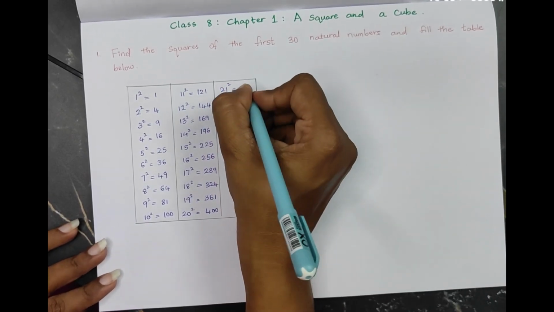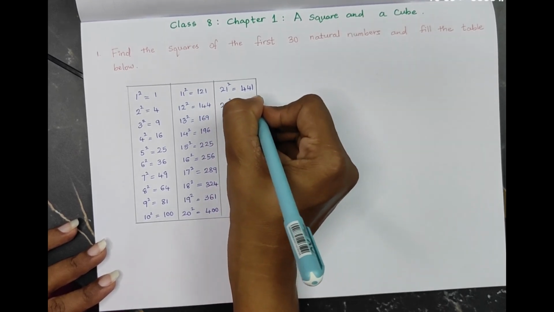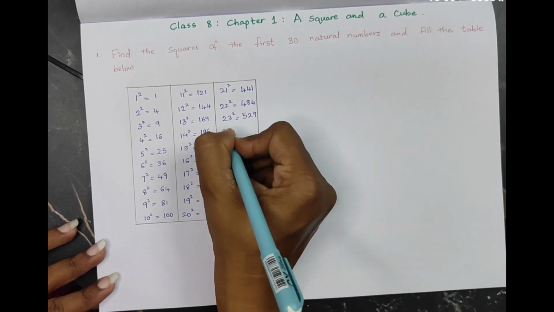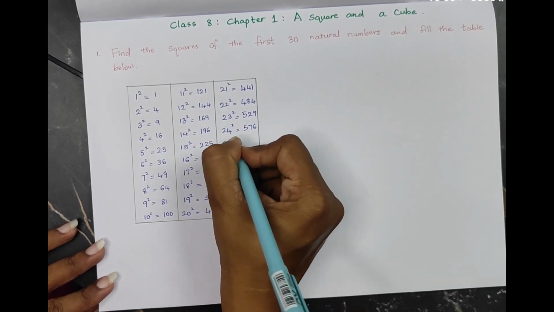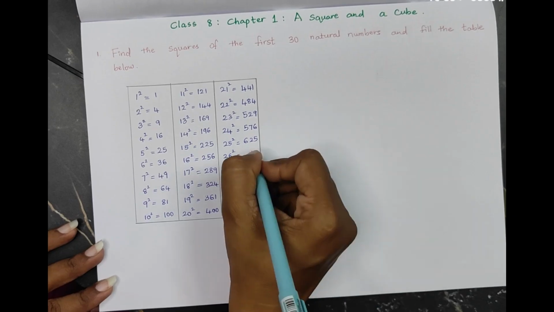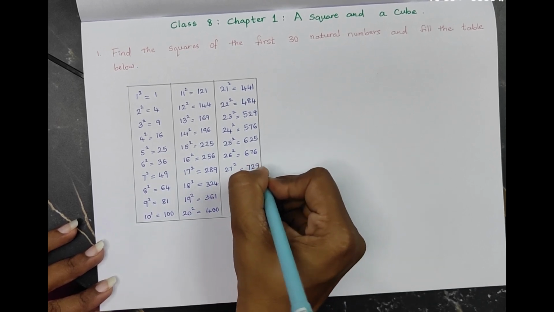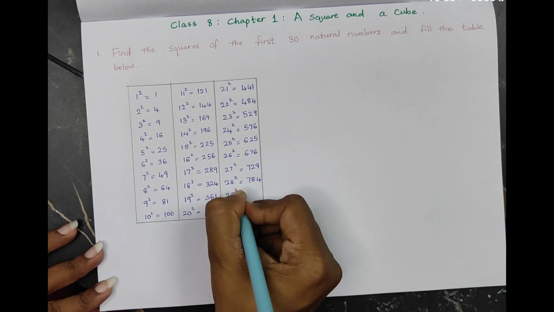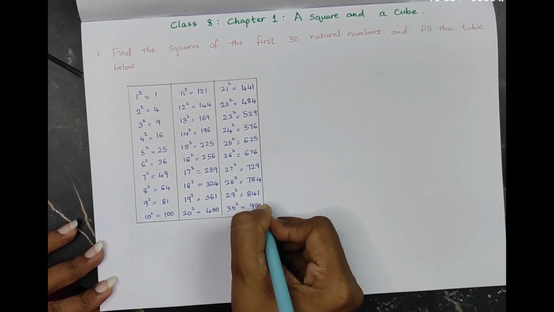21 square is 441, 22 square, 484, 23 square, 529, 24 square, 576, 25 square, 625, 26 square, 676, 27 square, 729, 28 square, 784, 29 square, 841, and 30 square will be 900.